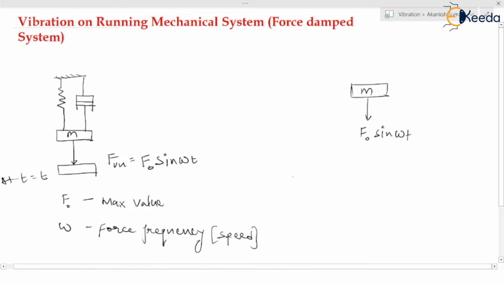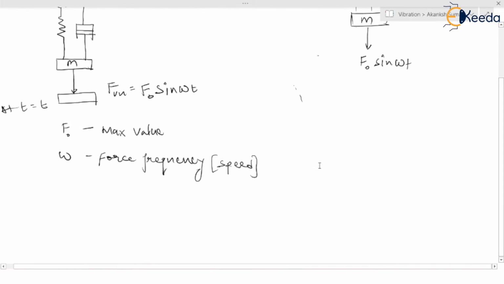So there will be F naught sine omega t, but in the opposite direction of motion, there will be a spring force, that is S x, and there will be a damping force, that is C x dot, and of course there will be inertia force, M x double dot. So now you just have to apply the D'Alembert principle and write down the equations.